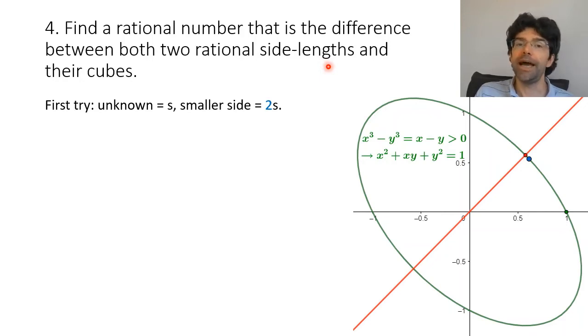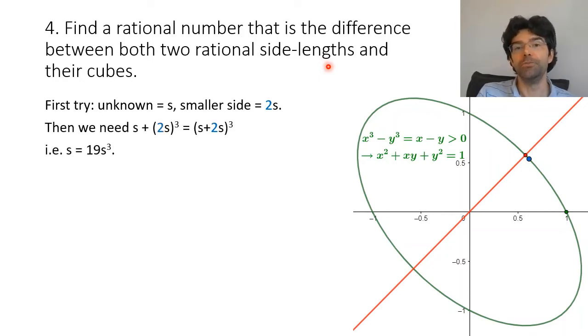Then we get s plus 8s cubed is equal to the cube of s plus 2s. We can then derive s equals 19 times s cubed and read off that s needs to be 1 over root 19. Well, the problem is that this isn't a rational number, so Diophantus wouldn't allow it as a solution.